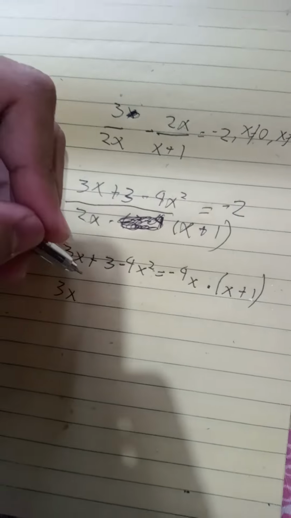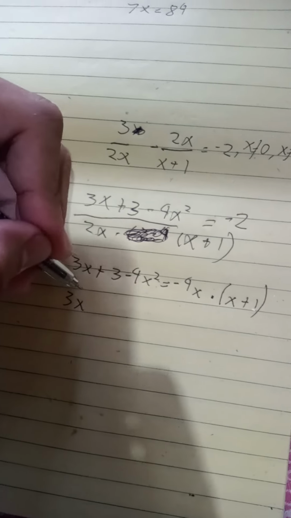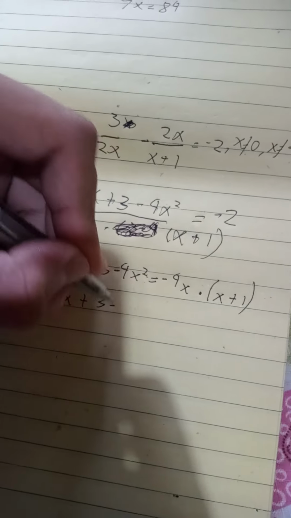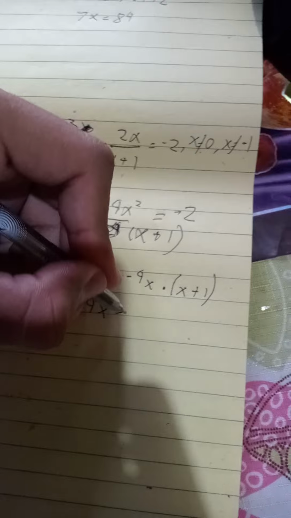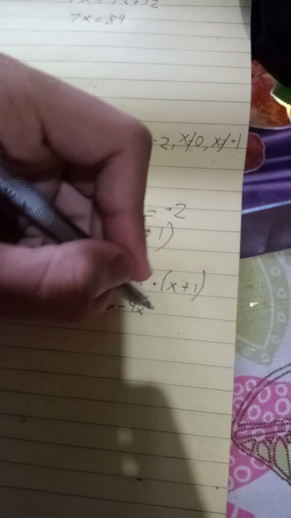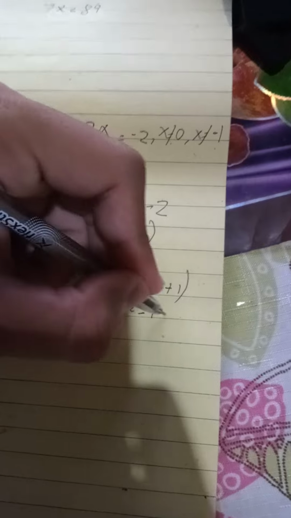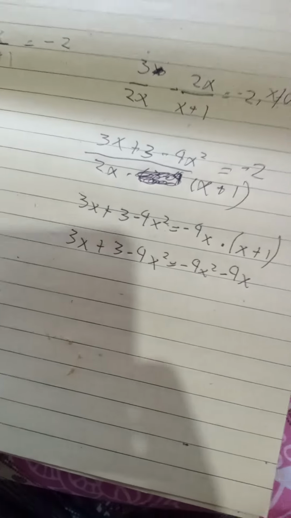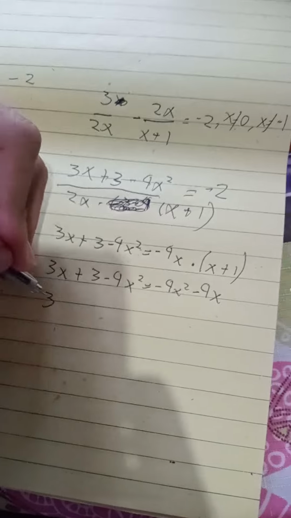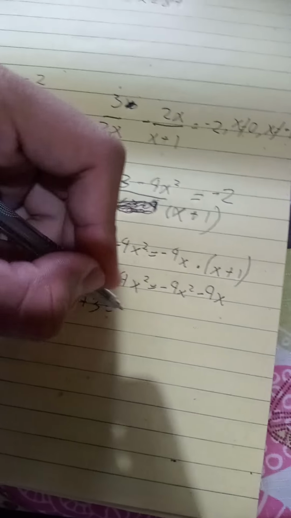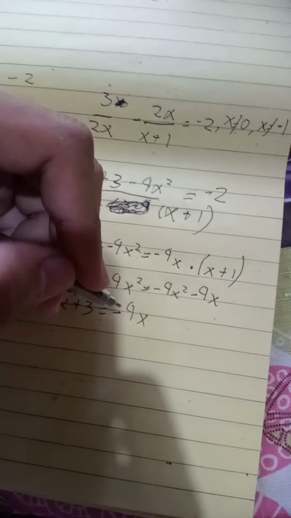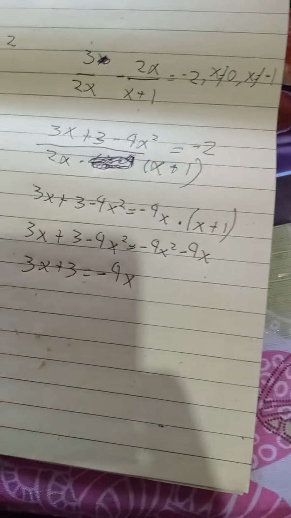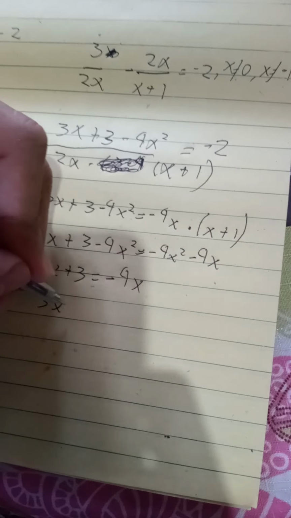So 3x plus 3 minus 4x squared equals negative 4x squared minus 4x. Then move the terms, so it will be 3x plus 3 equals negative 4x.